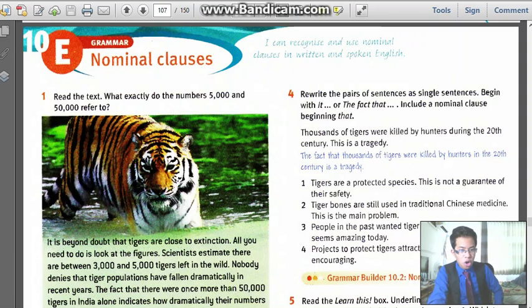Number 2: tiger bones are still used in traditional Chinese medicine. This is the main problem. Make it into one. Maybe for this sentence I will use the word it. So: it is the main problem that tiger bones are still used in traditional Chinese medicine.